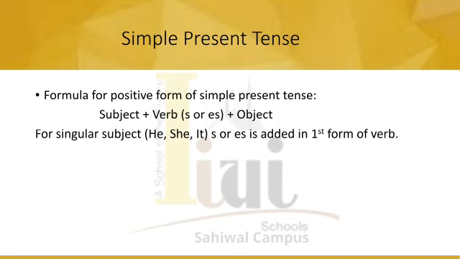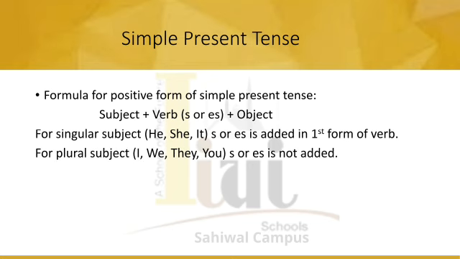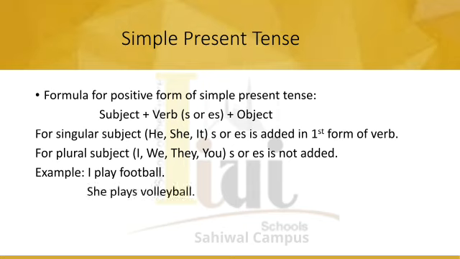For singular subjects like he, she, it, s or es is added to the first form of the verb. For plural subjects like I, we, they, you, s or es is not added. For example, I play football. Here I is the plural subject, so we write play, not plays. She plays volleyball. Here she is a singular subject, so we write plays. S is added.